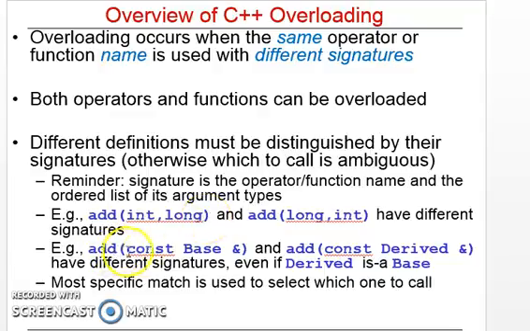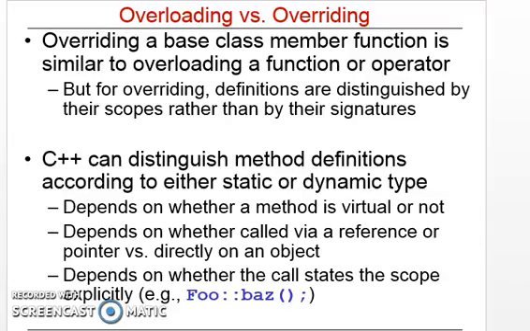In the same way, add constant base, which is the address parameter we are sending, as well as add constant derived, have different signatures even if derived is a base class. That we should understand. So what happens when multiple function names are there? The most specific match is used to select which one to call.